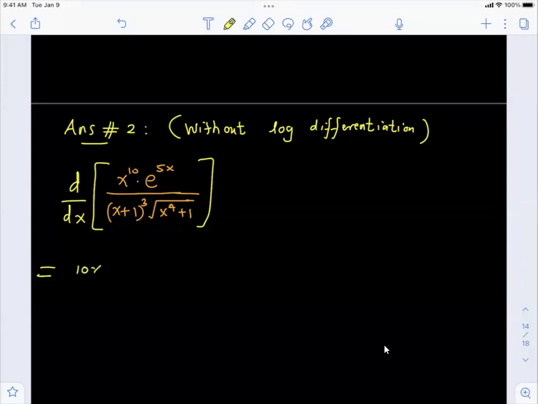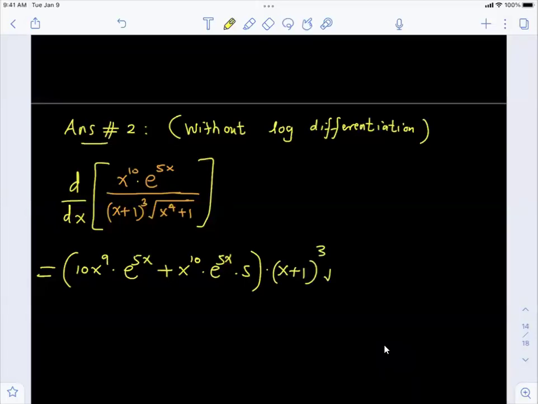So 10 x to the 9 e to the 5x plus x to the 10 e to the 5x times 5. Now look at this. Pay attention only to the derivative of this component that has so many moving parts. And then multiply it with the original denominator. The original denominator is nothing other than what you see here.